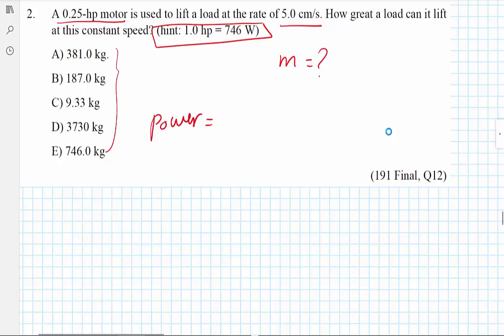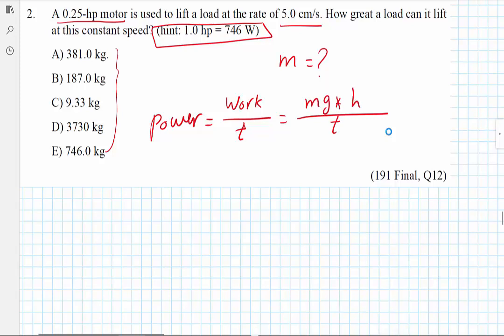As we remember, the power equals the work done over time. So the work is force times distance, divided by time. Here the distance is the height.